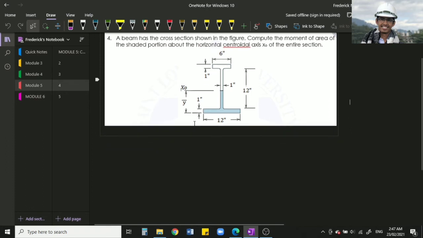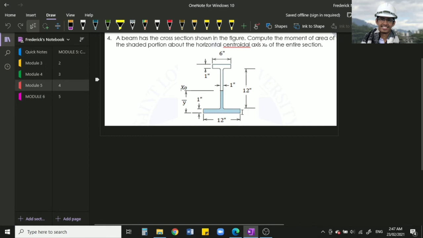So first, let's get our bar Y. For this one, we can divide our beam into parts. We have the first figure, this rectangle on top, this vertical rectangle, and this one.